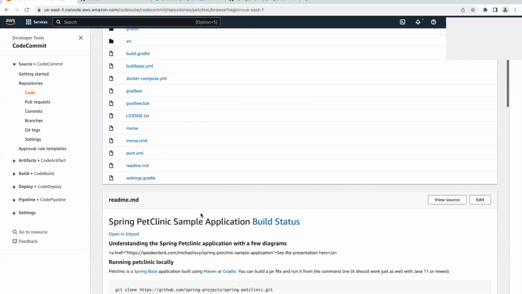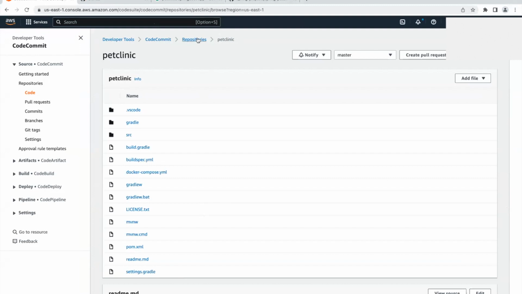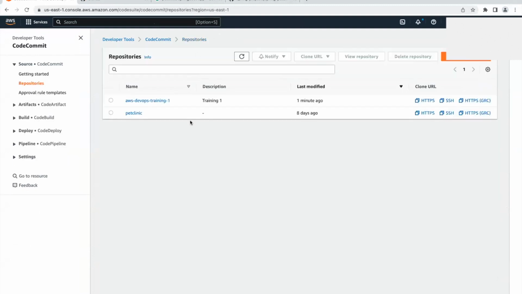Same thing. Next time I'll do the Pet Clinic here, because I'm going to build it using CodeBuild. That will be a good example to show you how CodeBuild works. So we'll be working on the Pet Clinic application going forward. This is a Java Spring Boot application.